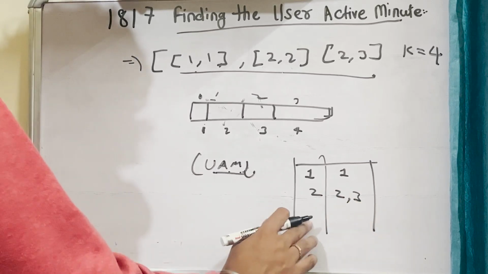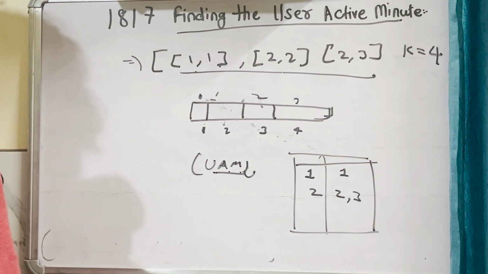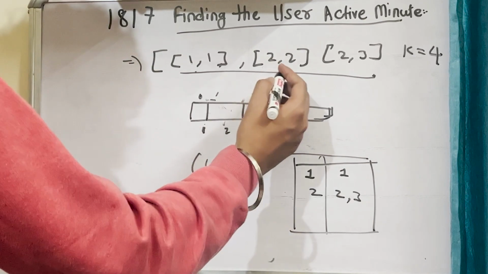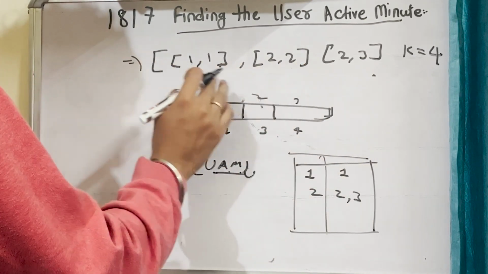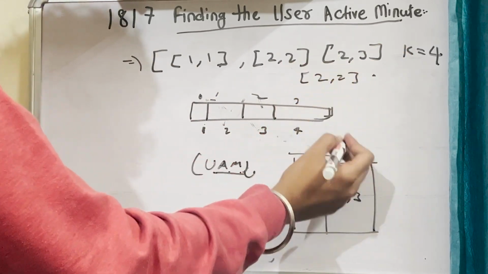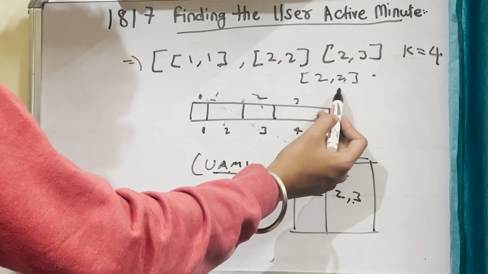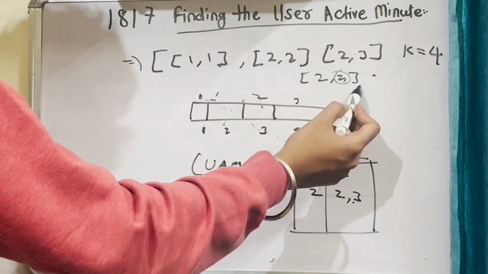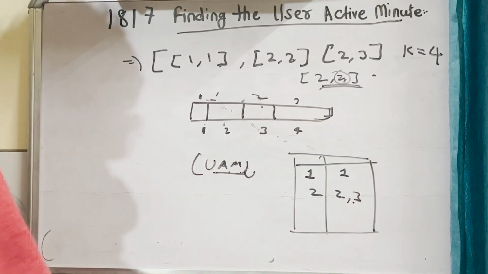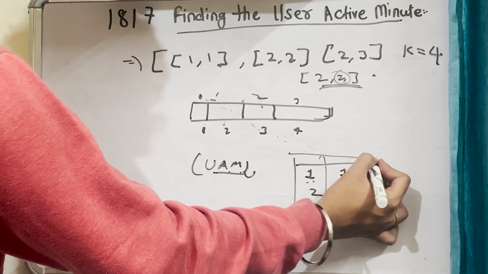The UAM has to be unique. For example, if we have one more log of user 2 at minute 2, the UAM will be 2, 3 only. We won't count this 2 again because the user was already active, so it is redundant. So user 1 is active for 1 minute, and user 2 is active for 2 minutes.